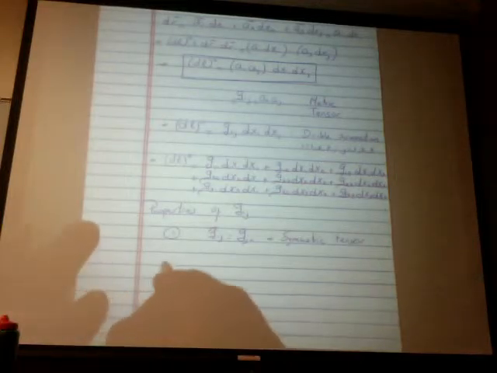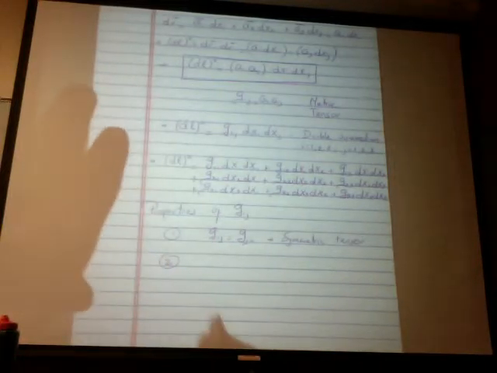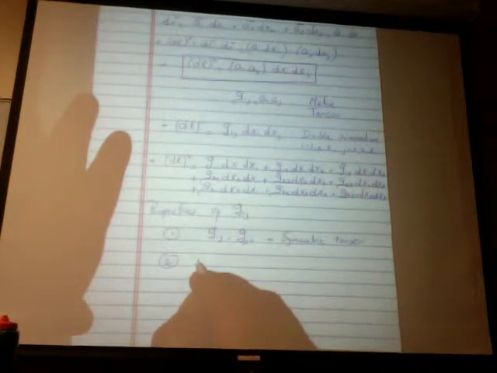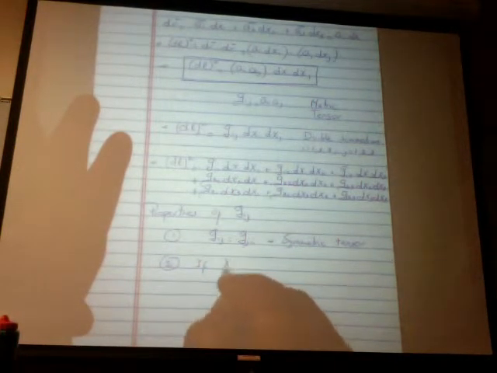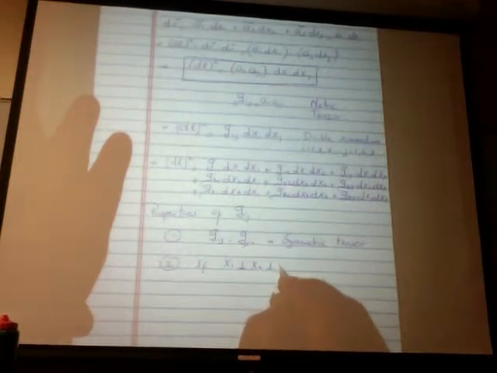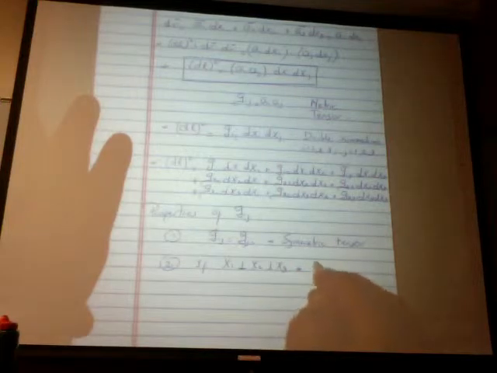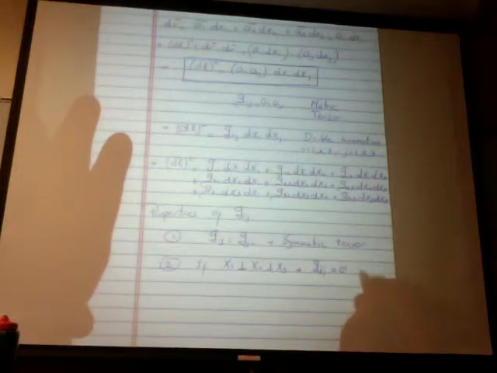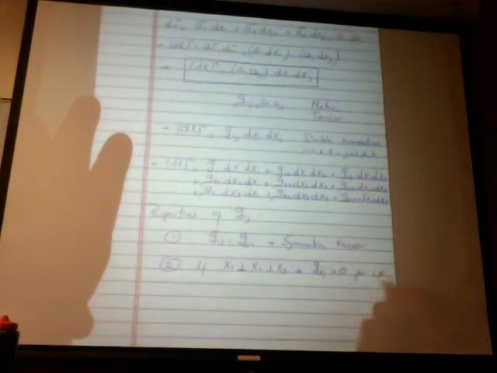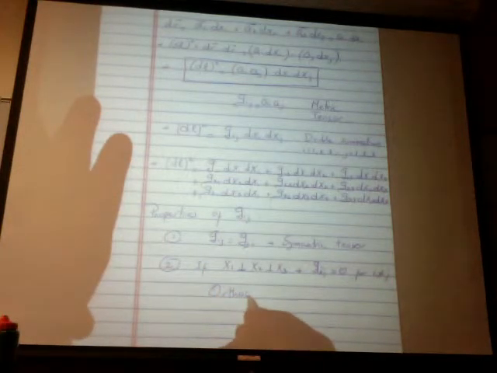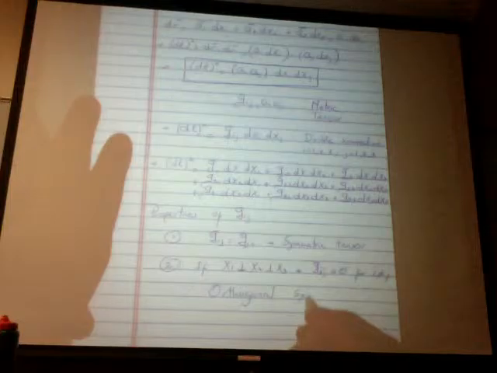And the second and more important property is that if x1 is orthogonal to x2, which is orthogonal to x3, then Gij is equal to 0 for i different than j. So this is the definition of an orthogonal system.